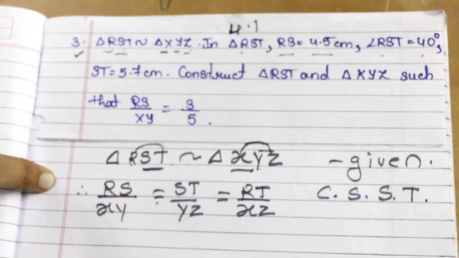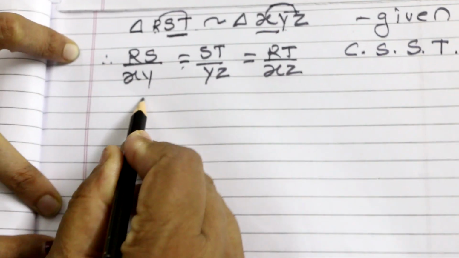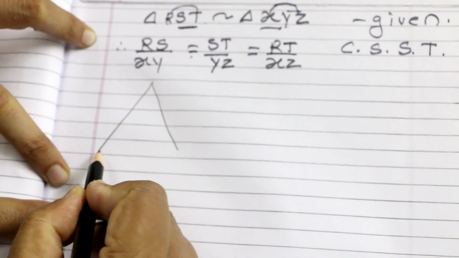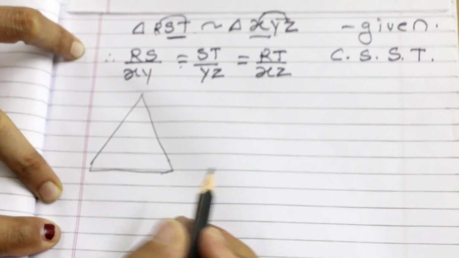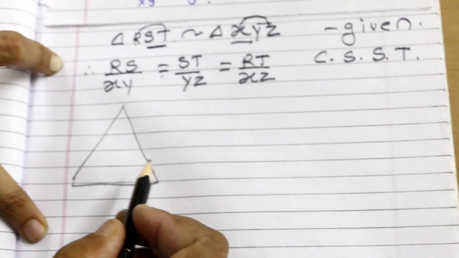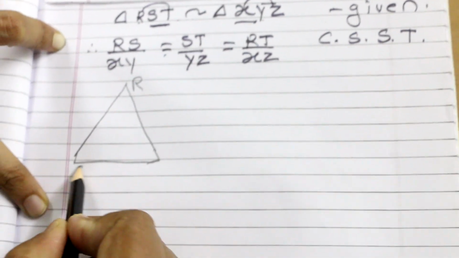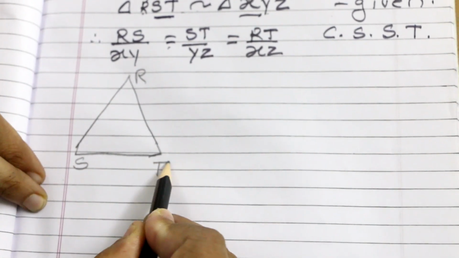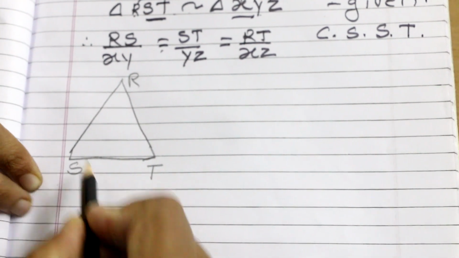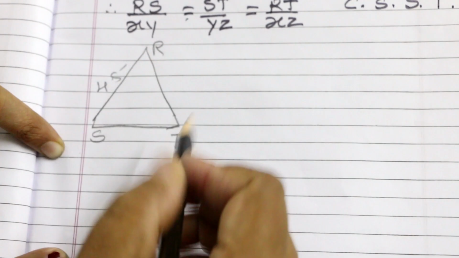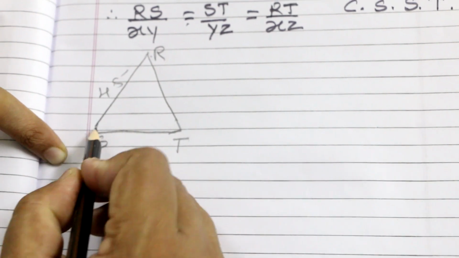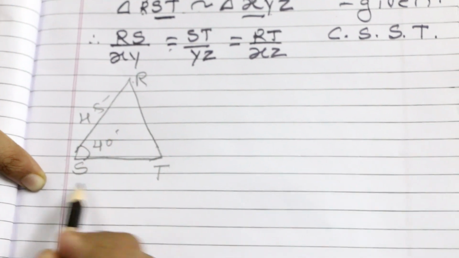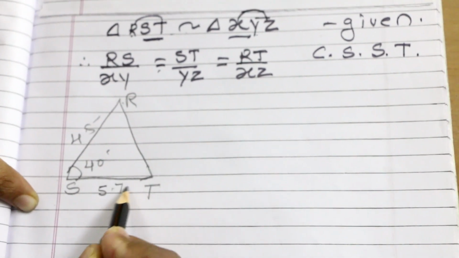So I can construct the rough figure of triangle RST: RS is 4.5, angle RST is 40 degrees, ST is 5.7 centimeters.